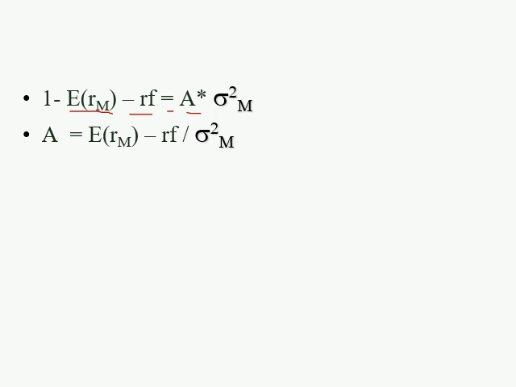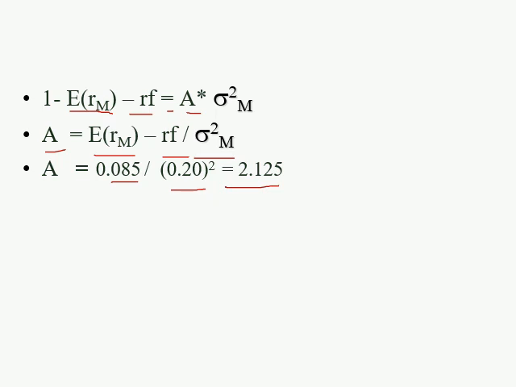If we rearrange this equation, A will be equal to (ERM minus RF) over sigma square M. So ERM will be 8.5%, that is the excess return of the market, over sigma square, or the variance of the market, 20% squared. That will be 2.125. That is the risk aversion.